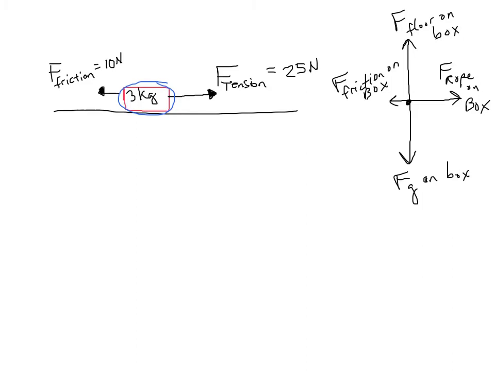Now, this summation idea. What exactly do we do? How do we go from here? Well, here's where it gets a little more complicated than the last example. So now we have forces that are going up and down. We also have forces that are going left and right. We need to account for those and do summations separately.